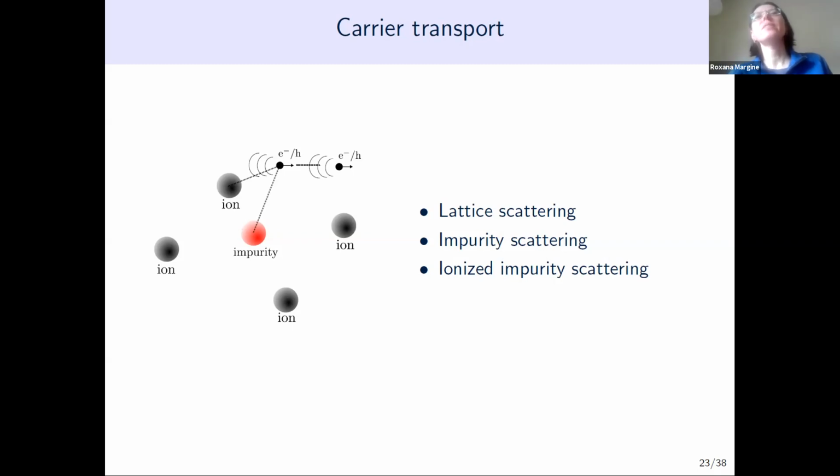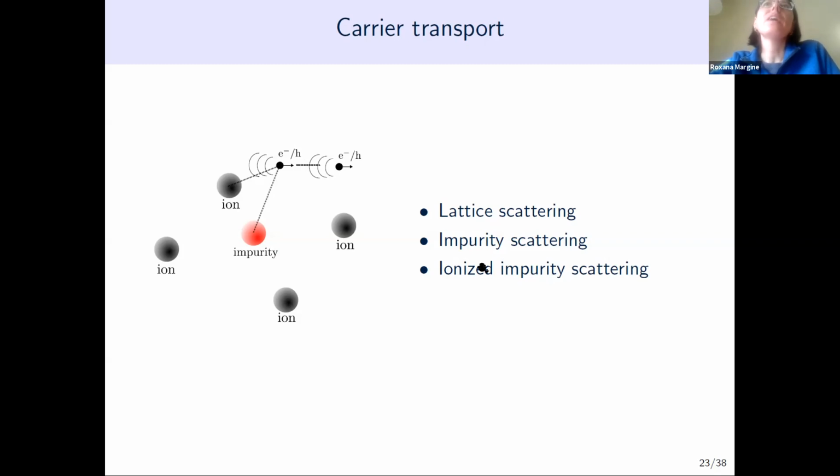When carriers, either electrons and holes, propagate in a material, there are a number of scattering processes that can take place. We can have lattice scattering, impurity scattering, such as defects and dislocations. We can have scattering from ionized impurities, and also if there are a lot of impurities, they can interact with themselves.